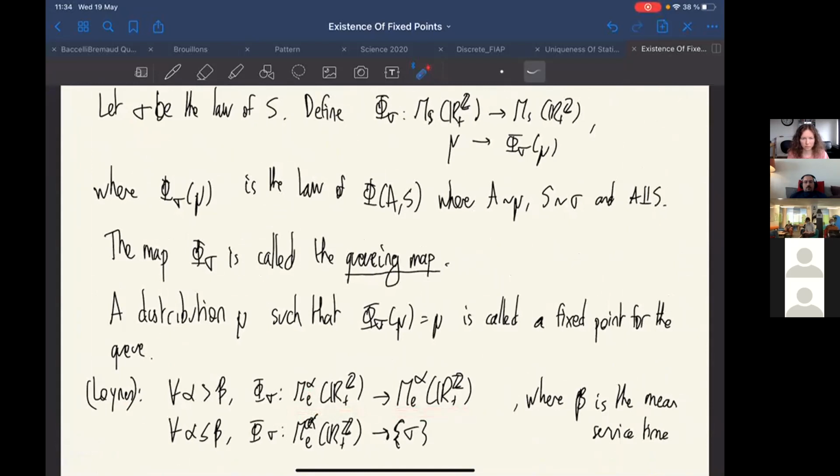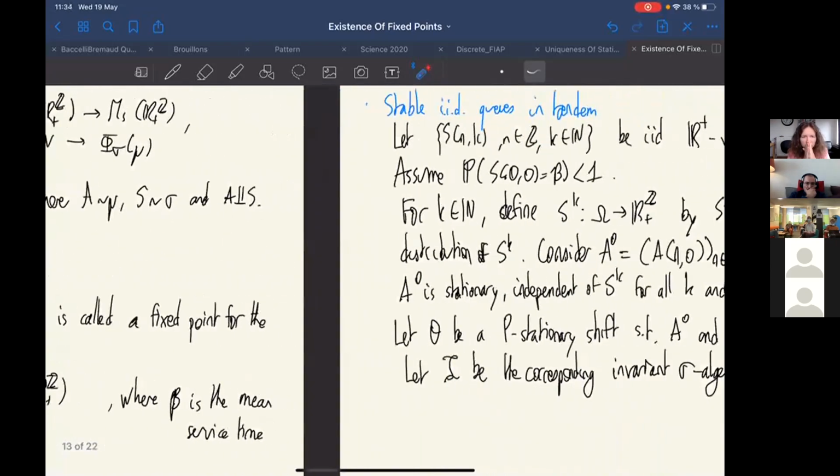And if your Q is unstable, then your map goes from the space of ergodic measures of mean alpha to the singleton sigma. This means that sigma is always a fixed point for the Q, but it's called the trivial fixed point. So we're interested in the existence of non-trivial fixed points for the Q, because phi sigma of sigma is always going to be equal to sigma.